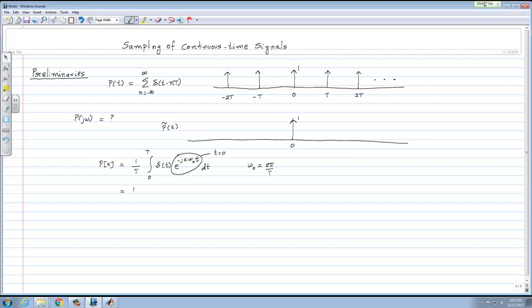So what this means is that all the Fourier series coefficients are simply 1 over t. So this means for all. I could even just write for all. We're not going to see this too many times.